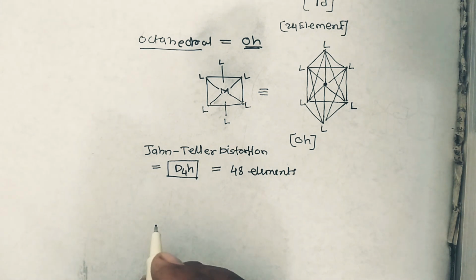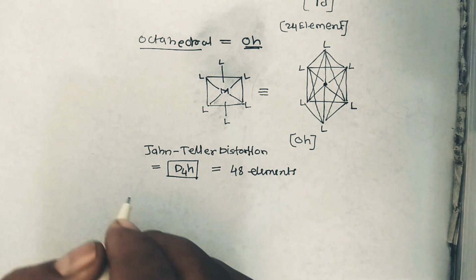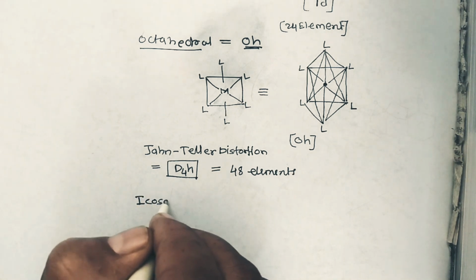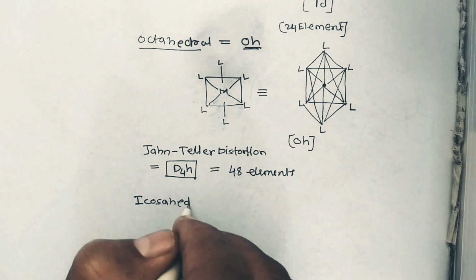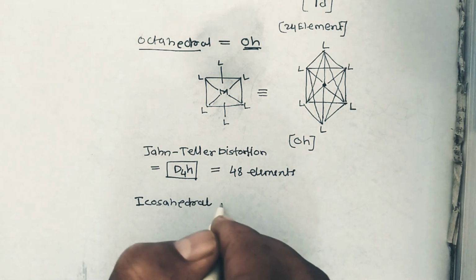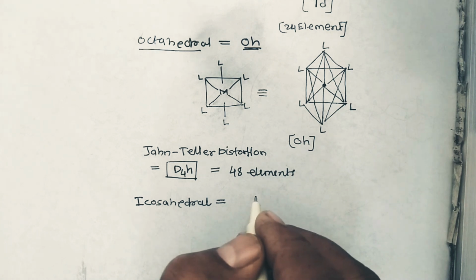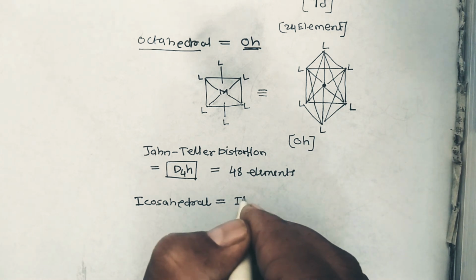Another interesting point group is for icosahedral. If the structure is icosahedral, then the point group is Ih.